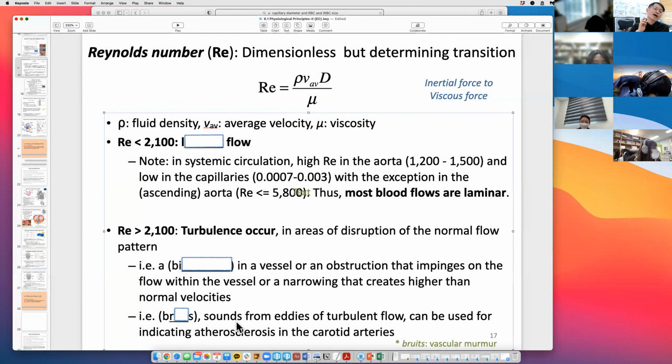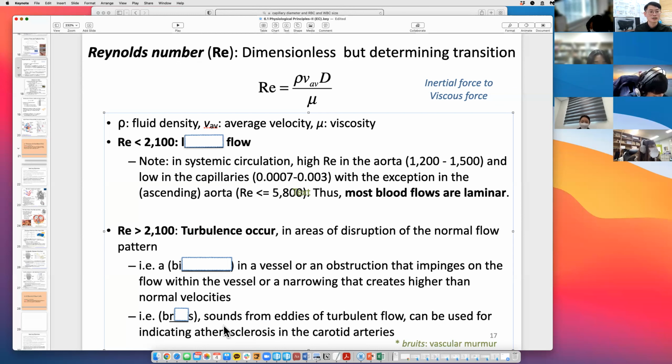When there is a buildup of this atherosclerosis in your carotid artery, the doctor puts a stethoscope on your neck, and what they hear is like, shh, shh, shh, shh. And that sound is an indication that you have something going on in your arteries.